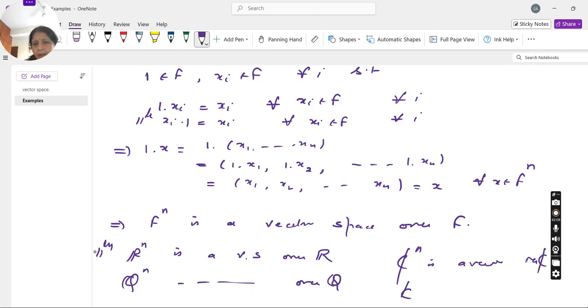Similarly, complex is a vector space over R. So in a similar pattern, you can do all these questions.